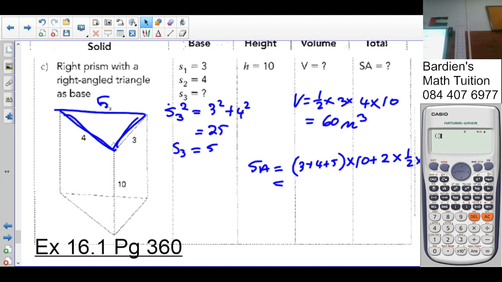That gives me 3 plus 4 plus 5 times 10 plus 2 times a half times 3 times 4. 132 units squared. Is that correct? Huh? You guys following at the back, checking? Okay.